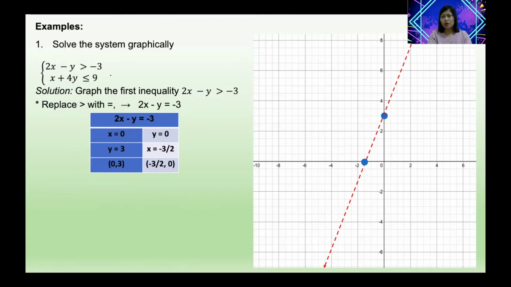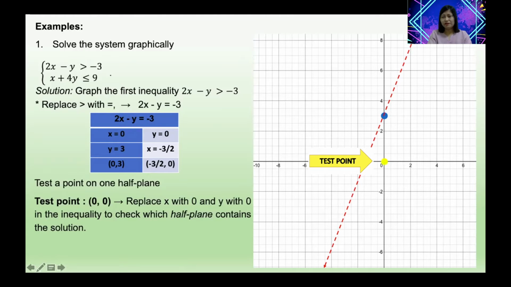Now, for us to know on what region to shade, we will have our test point. Let's say the origin. So, substitute in the inequality, 2x minus y is greater than negative 3. Then simplify.